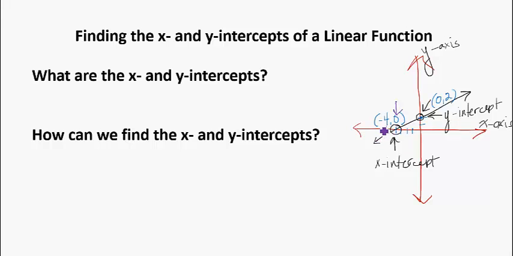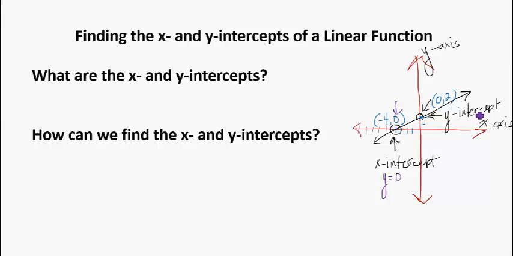So no matter where a line crosses the x-axis, the y coordinate of your ordered pair will always be 0 because you're not moving up or down from that x-axis. So in the x-intercept, your y will always be 0.